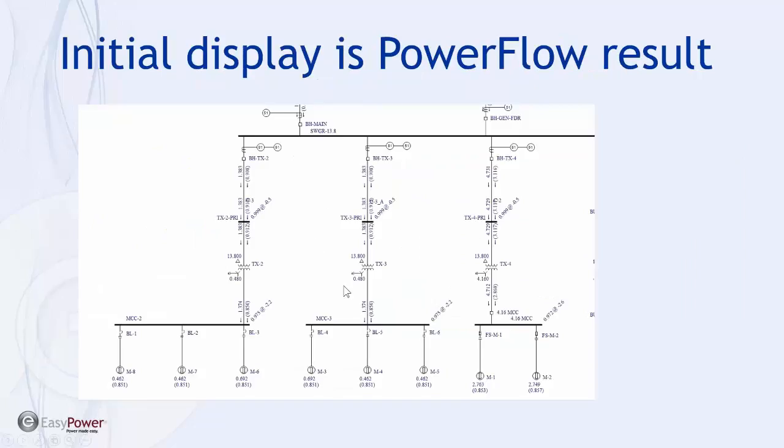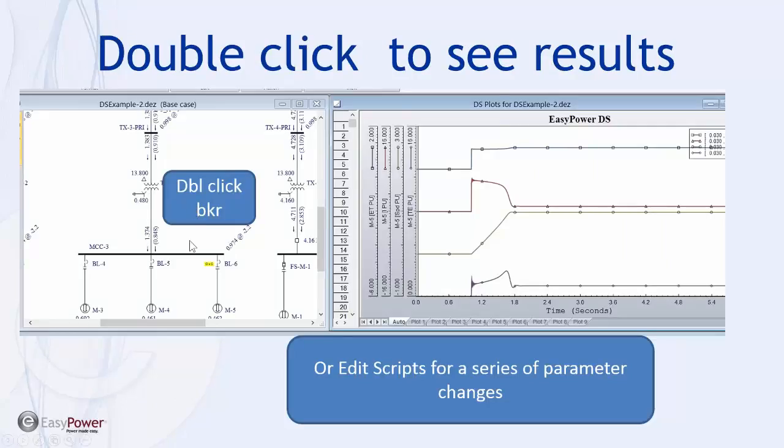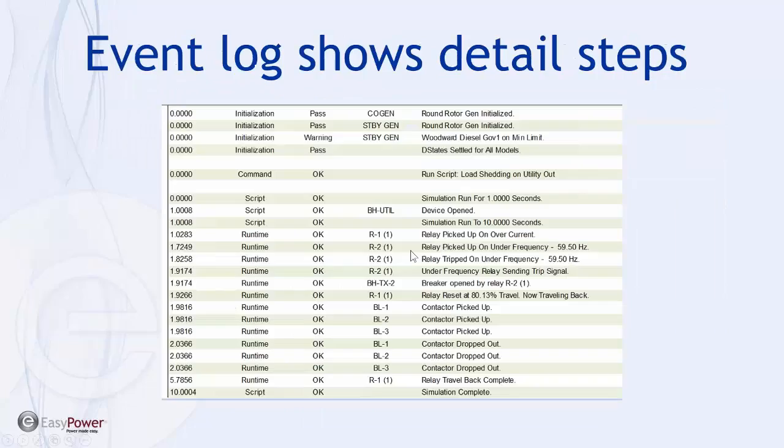And as I indicated, the place we start is the stabilized PowerFlow solution. Functions built into the tool are both double-click and then the scripts, and how to incorporate those is where we're going to be spending most of our time.